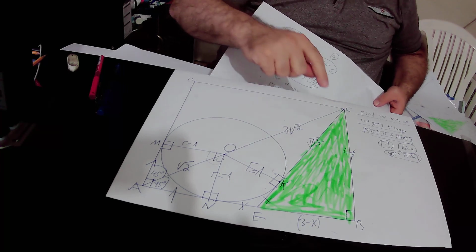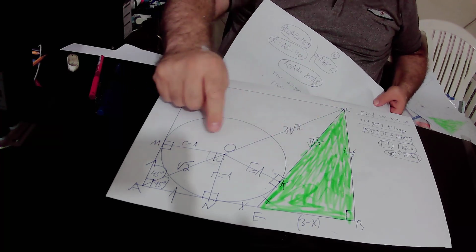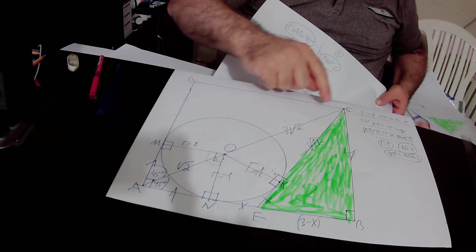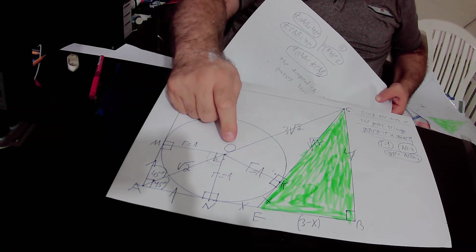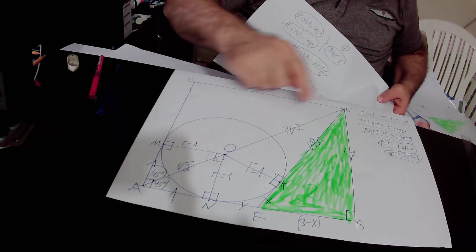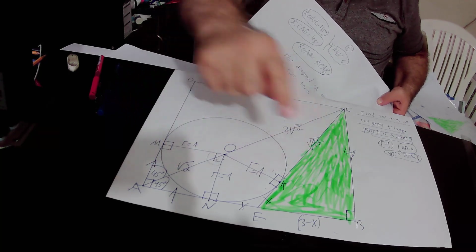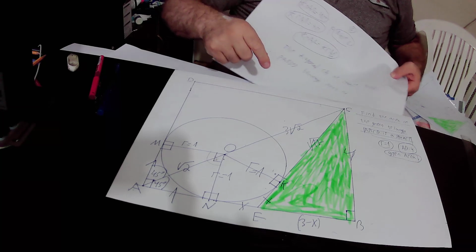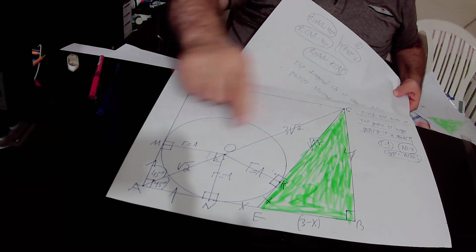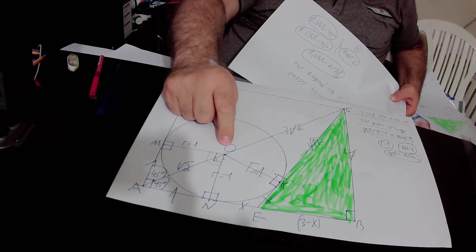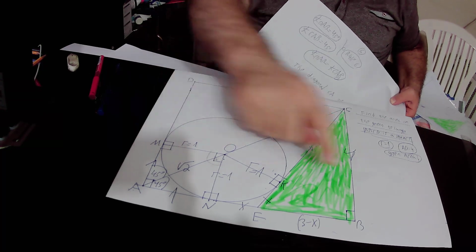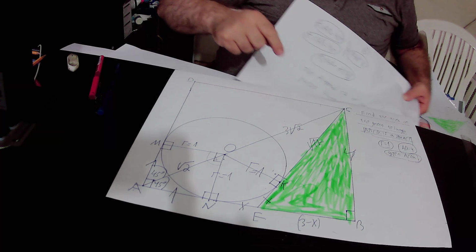In order that angle CAB be equal to angle OAB, the diagonal CA must pass through point O. Okay?